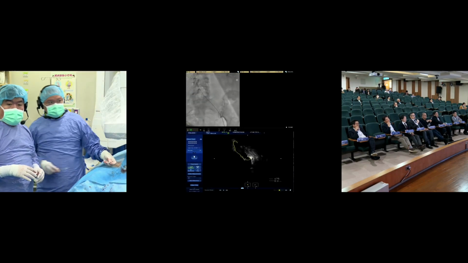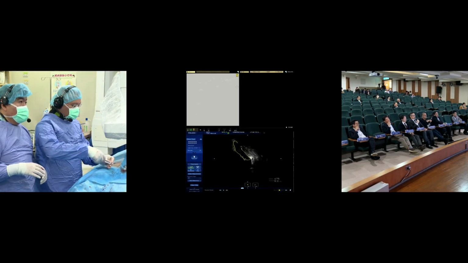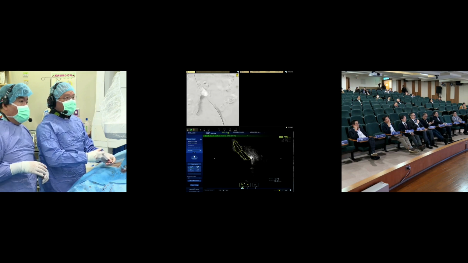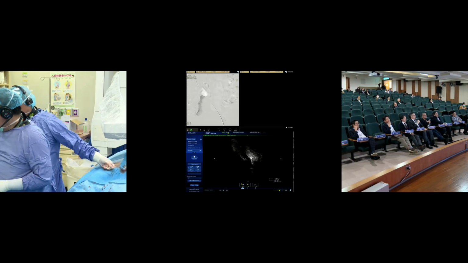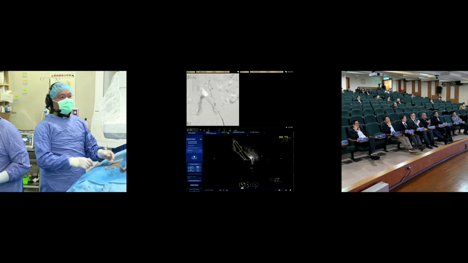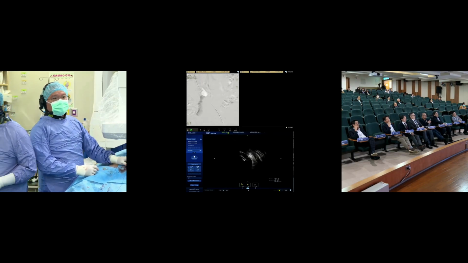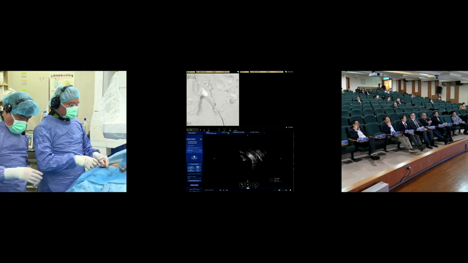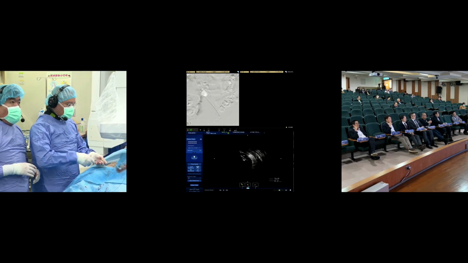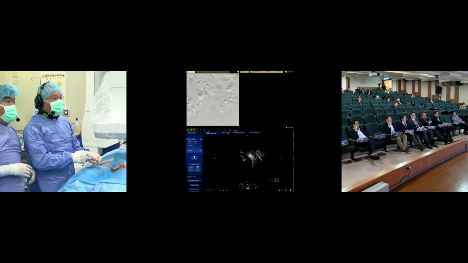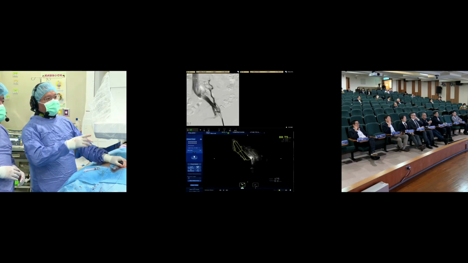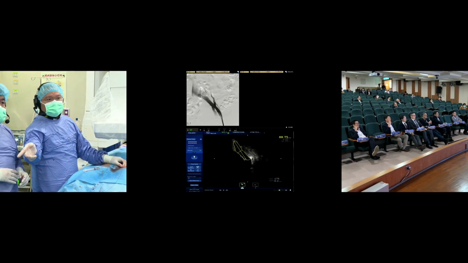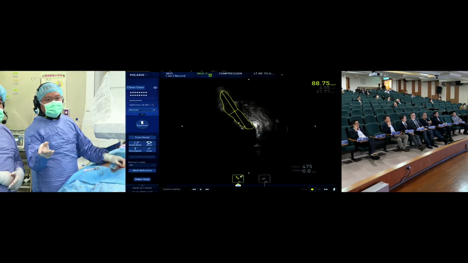Okay, room 2, Dr. Yan and Dr. Zhang, we are back again. We just did POBA, using a 40 millimeter balloon first. Can you show the IVUS after we POBA?